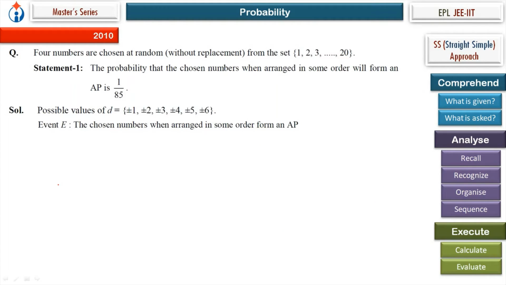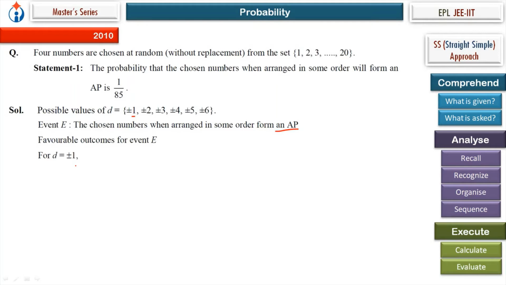Okay, for learning, let's see how we find out the probability of this event. So possible values of D are these. Let event E be: the chosen numbers, when arranged in some order, form an AP. So favorable outcomes for event E. How will it start? We start with D equal to this value, plus minus 1, then this, then this.